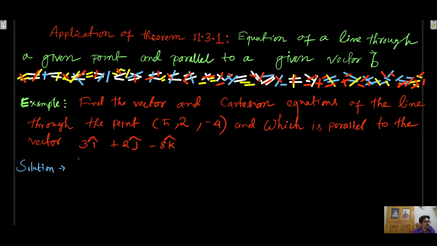So first we will find the vector equation.